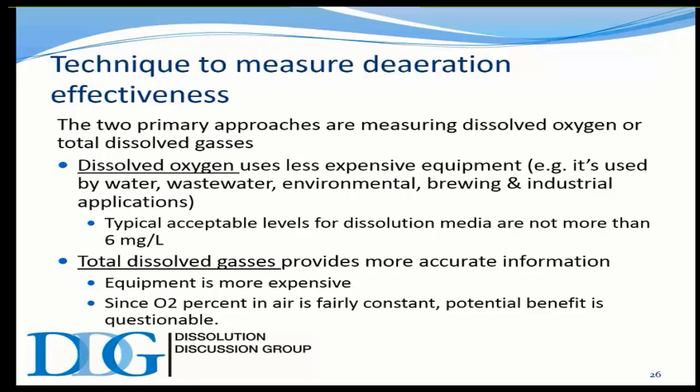So with dissolution, most literature is pointing to media that should be de-aerated down to at least 6 milligrams per liter or 6 parts per million to avoid bubbles. Okay, so if you start off with 6 milligrams per liter, you generally should not see bubbles form.